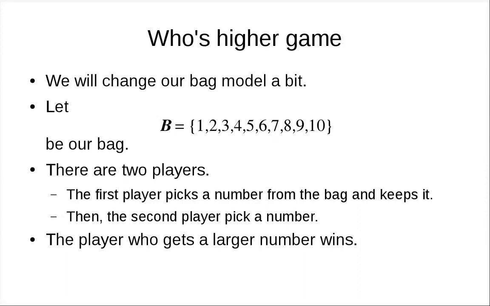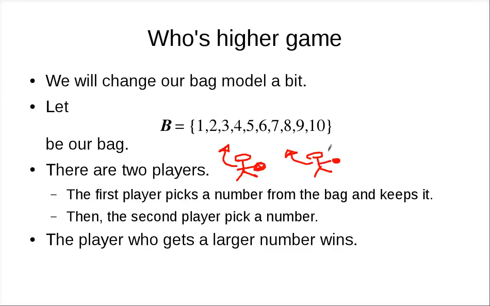Okay, so in this model we have a bag again, and we have 10 numbers in this bag. And there are 2 players. The first player picks some number from this bag and takes it. Okay, and the second player comes and takes the next one.